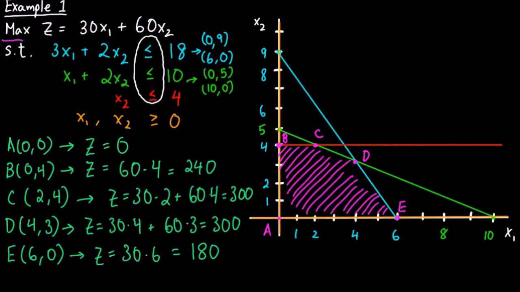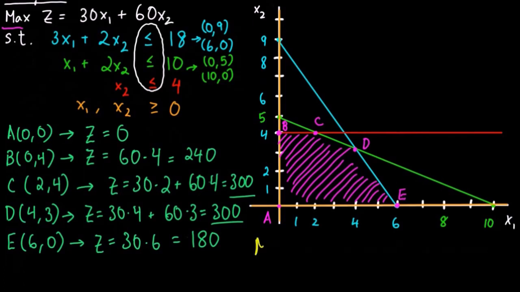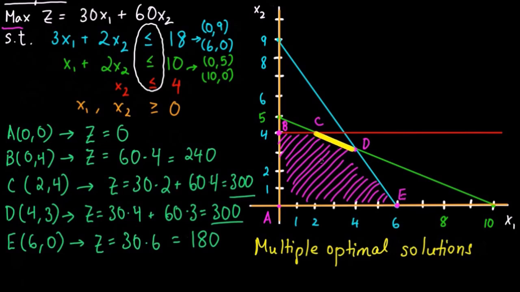Among these points, we have to choose the one with the highest z value, except in this case, point C and D both have the highest z-value, which is 300. So in this case, we have what's known as multiple optimal solutions, because we have 2 points, namely C and D, which have the same z-value, which means that any point along the line CD will give an optimal solution to this problem.